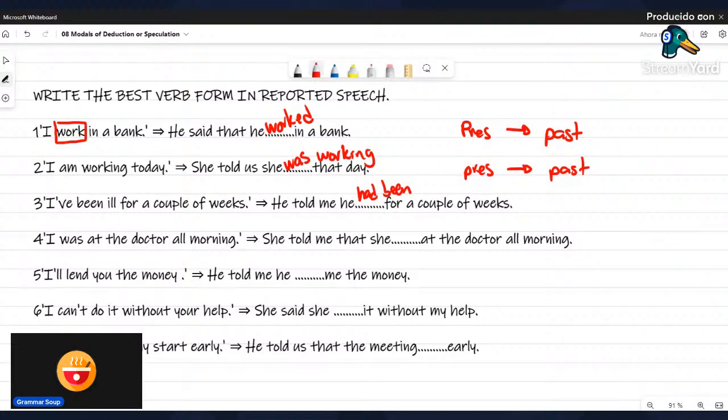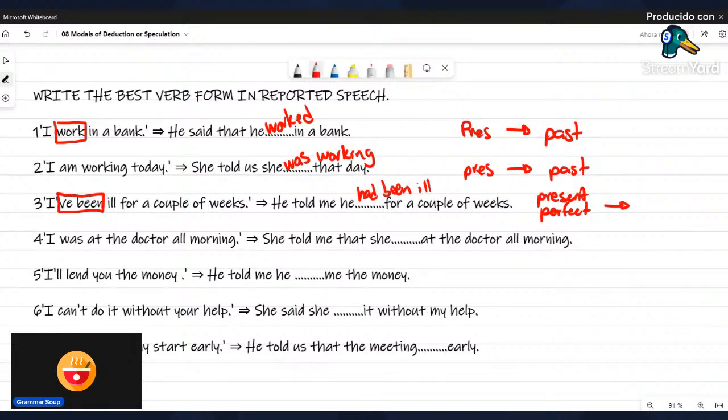Remember, ill is when a person feels sick. You're not feeling well. Yes, he told me he had been ill for a couple of weeks. Yes, in this case, when I have something in past or present perfect, it changes to past perfect. Yes, so it's present perfect here. I have been, that's present perfect. And you need to change it to past perfect. Perfect. There you go. We got it.